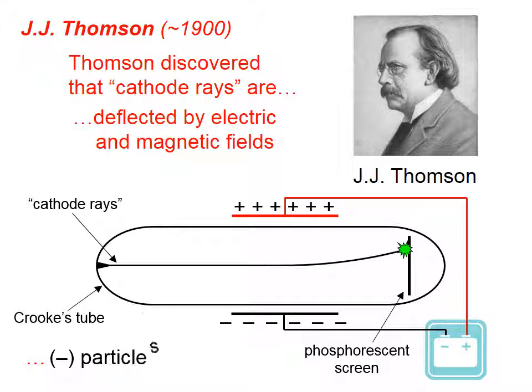Well, what would be the charge on a particle that tends to veer toward positive and away from negative? Well, that would be a negatively charged particle, and today we call them electrons. So J.J. Thomson is credited with discovering electrons.